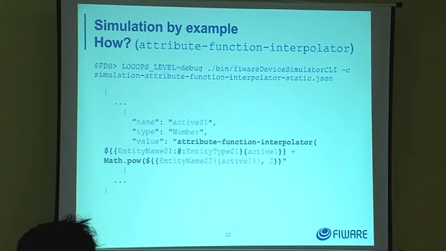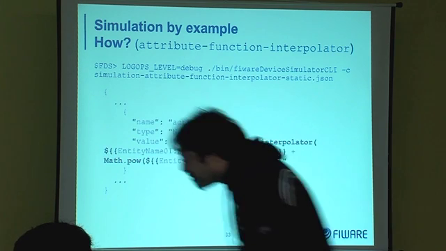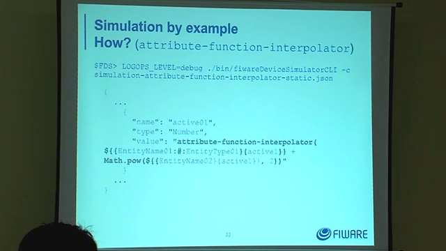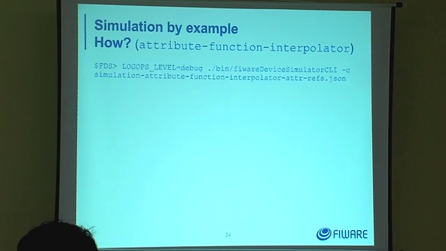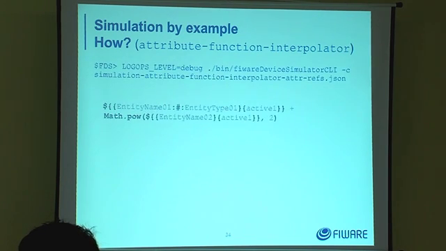So you can do this kind of numeric expressions to generate the final data which will be assigned to your attribute. This is the code without all the burden. This is the code you will be providing to the interpolator to generate this data.